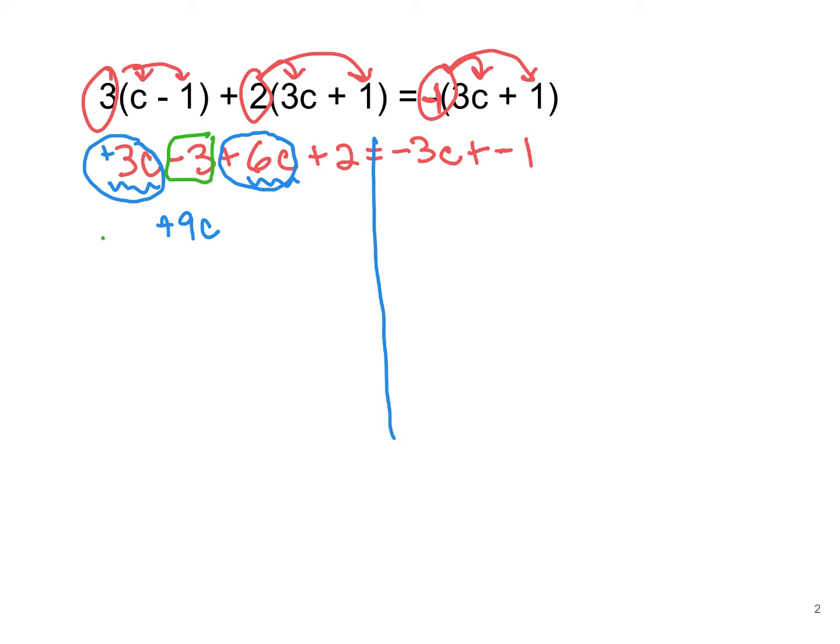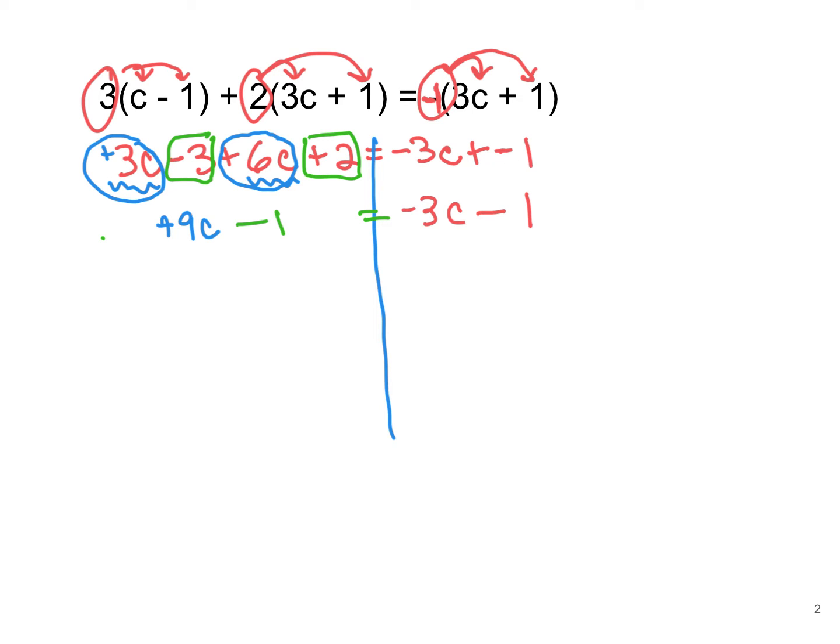Negative 3 plus 2 is negative 1, equals, and then is there anything we can combine on the right hand side? We cannot, so we're just going to leave that the same. So it's negative 3c plus a negative 1. And I know plus a negative 1 is the same as just minus 1. So I can have it as negative 3c minus 1.